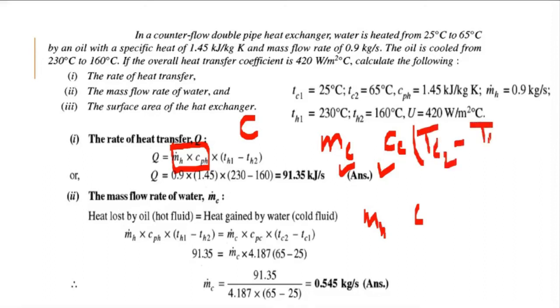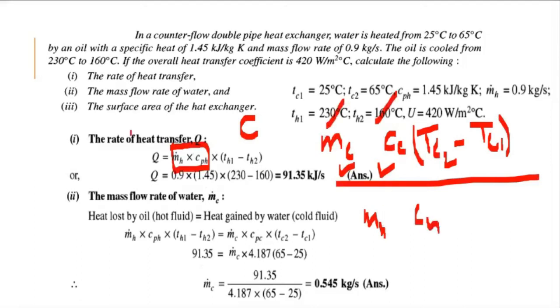No, he was asking about finding out something from the data handbook. He was asking, if this value is given and MH and CH both are not given, and in the second part of the question they are asking you to find the mass flow rate of the hot fluid. In order to find out this MH value, we are going to equate this to MH CH TH1 minus TH2.